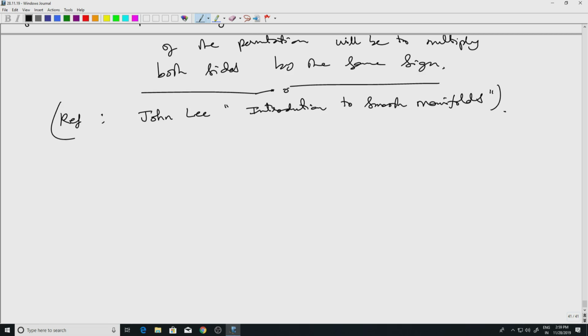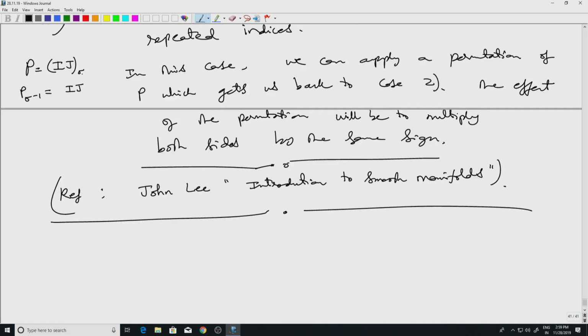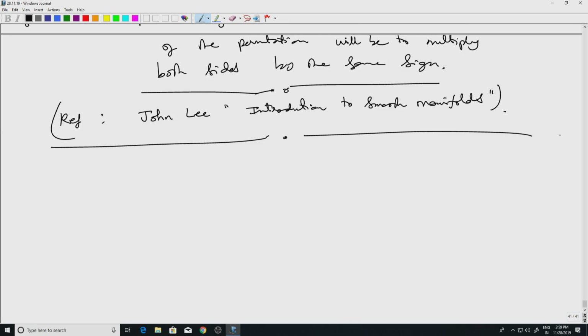Right. So once we have this lemma, we can move on to the main object, the theorem of main interest for us. So we wanted to prove associativity.